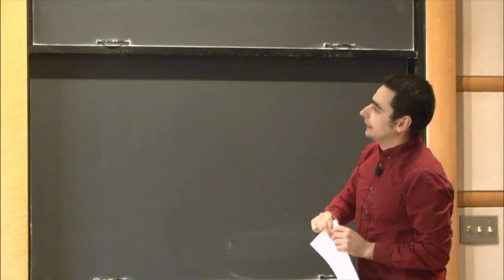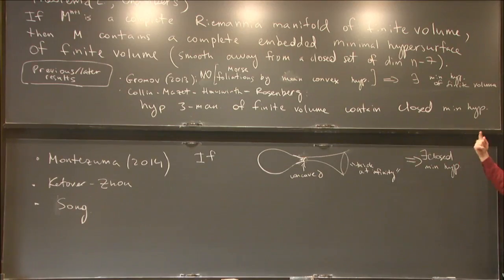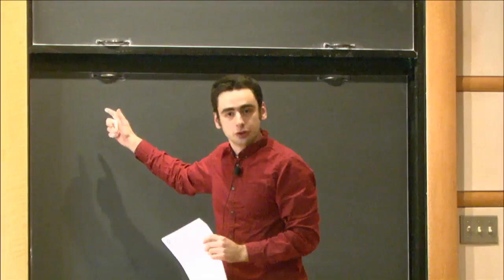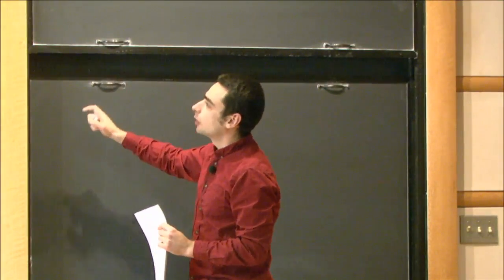Theorem 3 is more general than theorem 2, and it's also interesting in the case of compact manifolds. But I will need to set up a little bit of notation before I can state it.